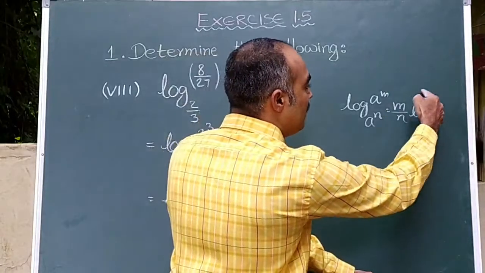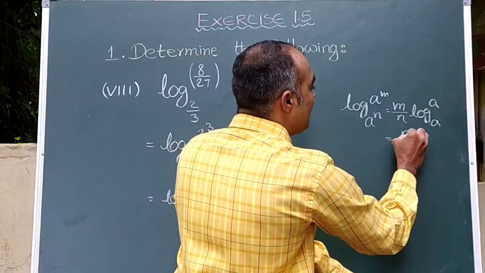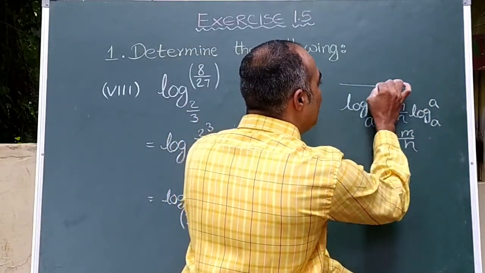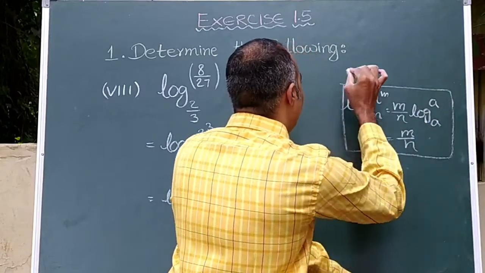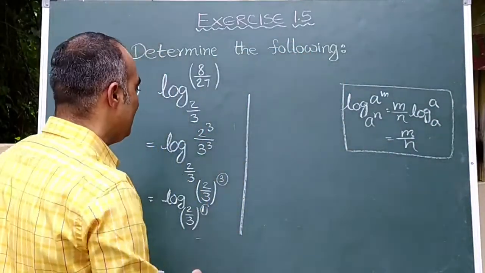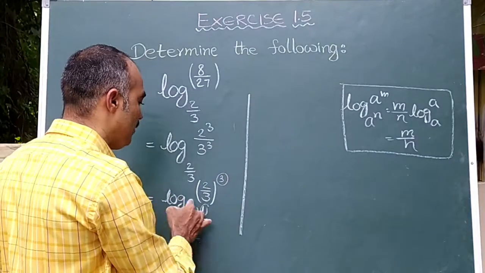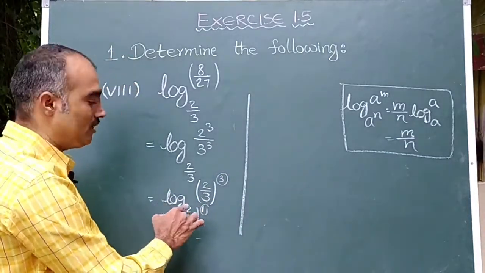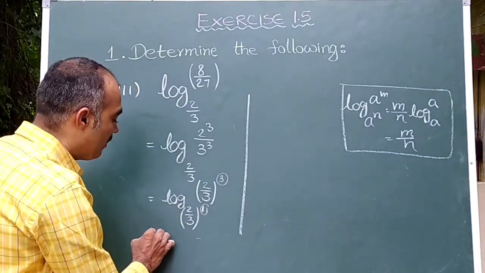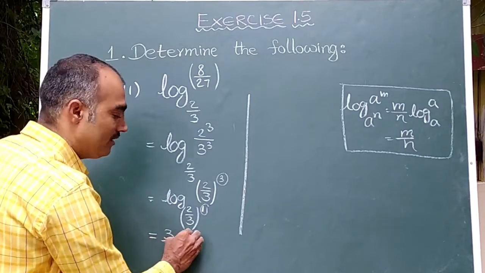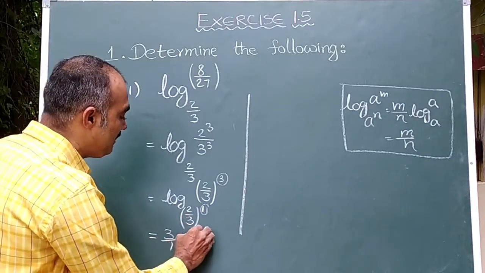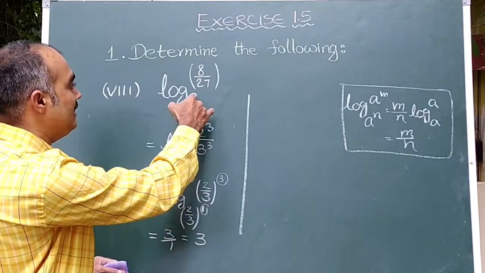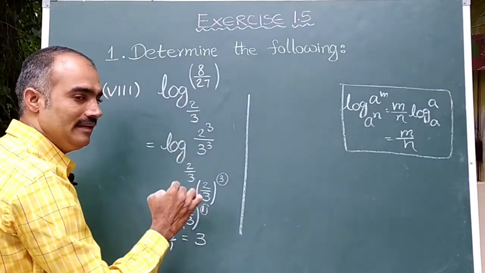So already you know this value is 1, so it can be written as m by n also. Based on this formula, let us write this answer. Here you see this 3 comes forward, here 1 also comes forward. So this answer is 3 by 1, nothing but 3. So finally this answer is 3.